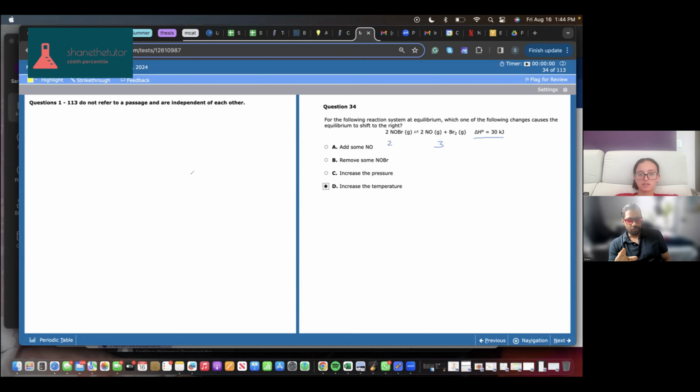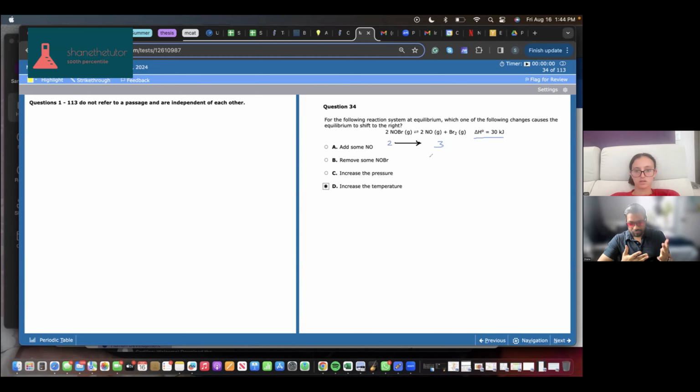For a reaction like this, if it's endothermic, the delta H will be positive, which would mean you must add heat to the other side, right? So it would be an arrow going this way.